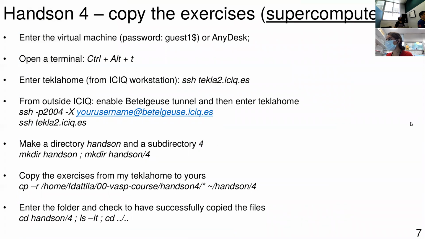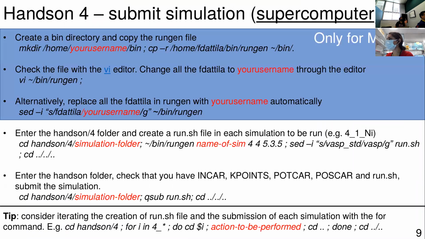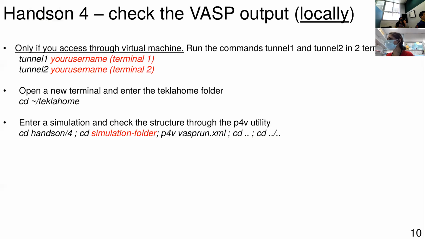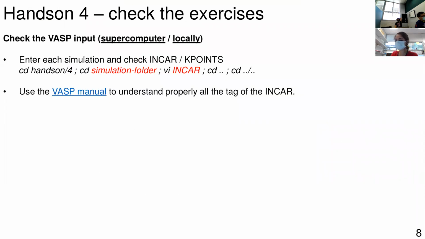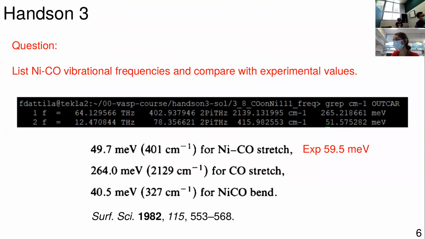What you can do, you can go through them, and that should help you to copy the hands-on input from my Tekla home folder, to enter, check the INCAR, prepare the run script, submit the run script, and check with the VASP run the output that you want. So if you forgot any of the commands, then you can just go here and check the command that you need to run, and nothing else.